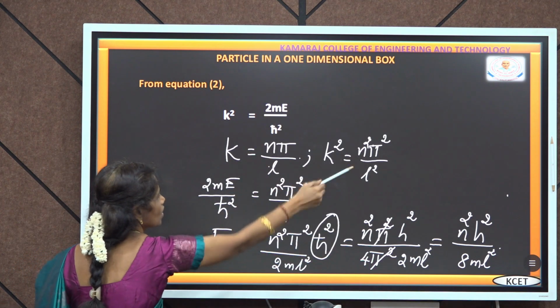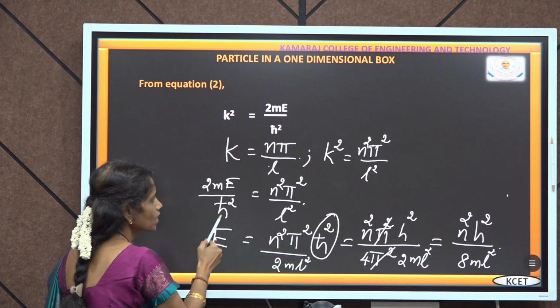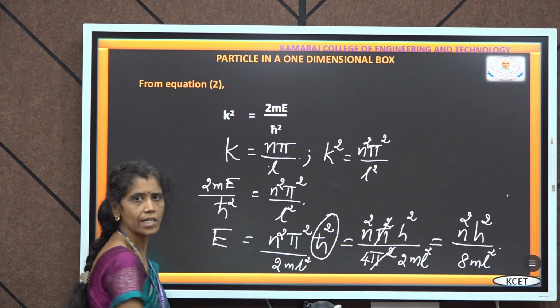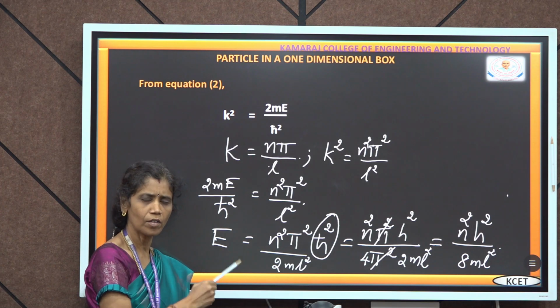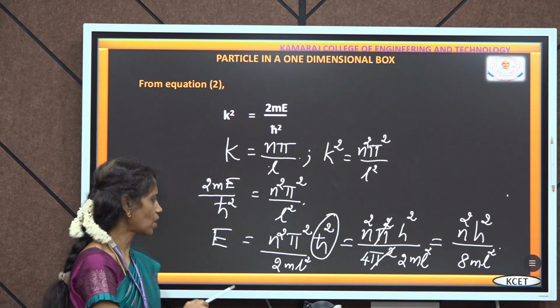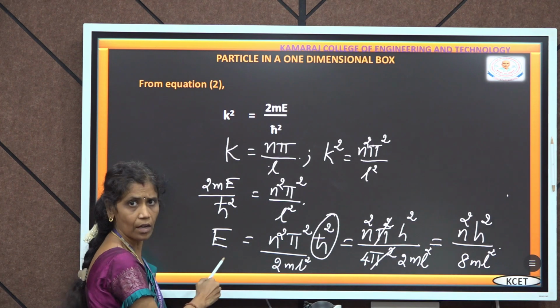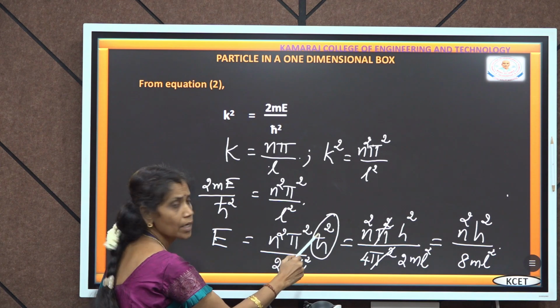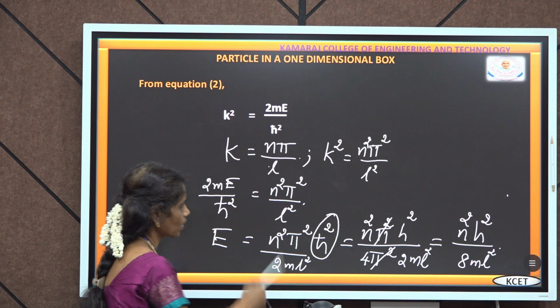On equating these two equations, I am writing 2mE by h cross square is equal to n square pi square by L square. I want to find out the energy value of the particle in the one dimensional box. Then on rewriting the equation, I write E is equal to n square pi square into h cross square divided by 2m L square.